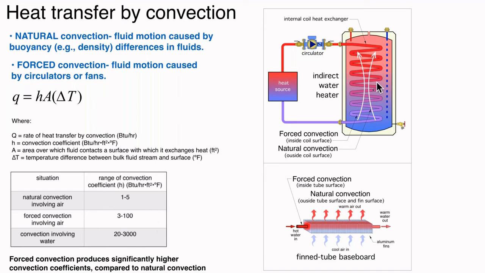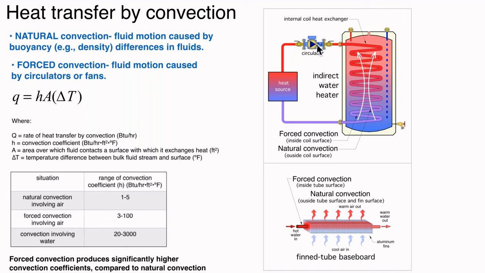We have natural convection of the water in the tank, represented by these white arrows here. Again, heating the water decreases density, causing that water to rise slowly within the tank. And then we have forced convection within the coil because we have a circulator driving that flow.